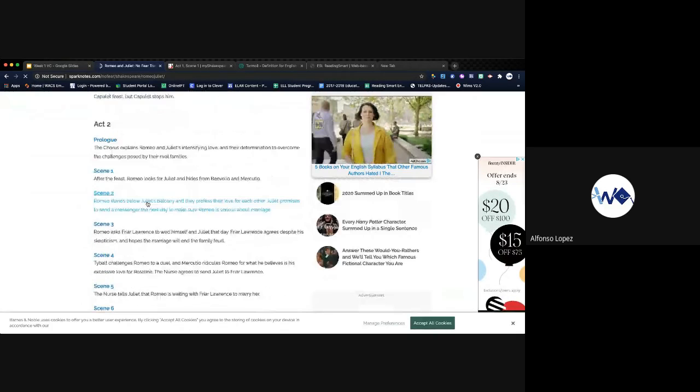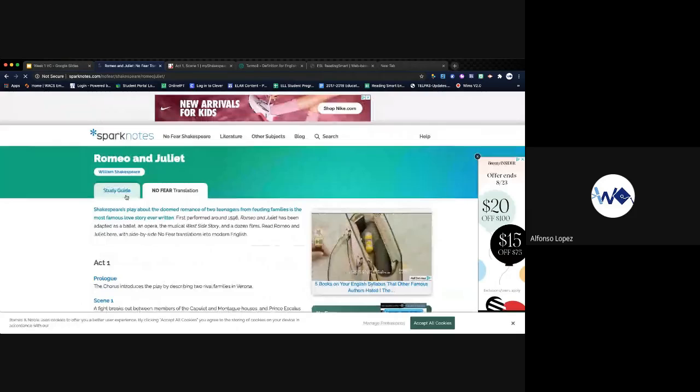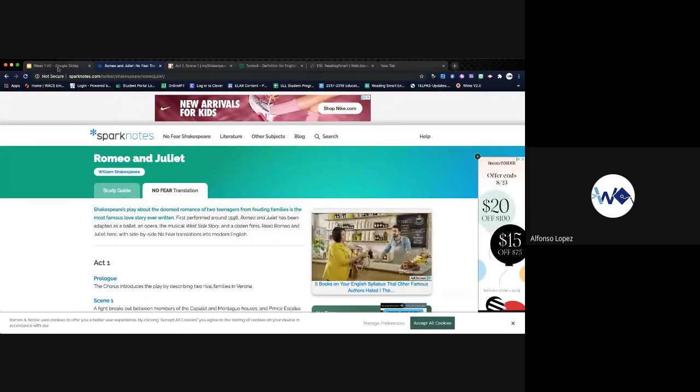This is a good resource to look at before you start actually reading it. That way you get an idea of what's happening. I think for some reason it always helps when reading Shakespeare to get a summary of the play and then start reading it, and it'll be much easier to understand.